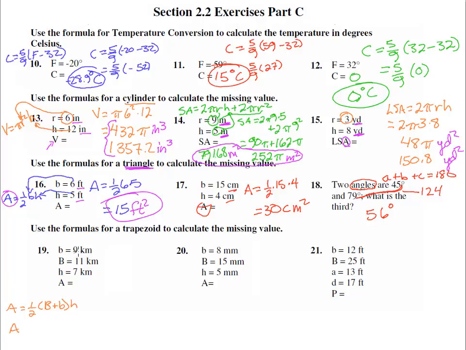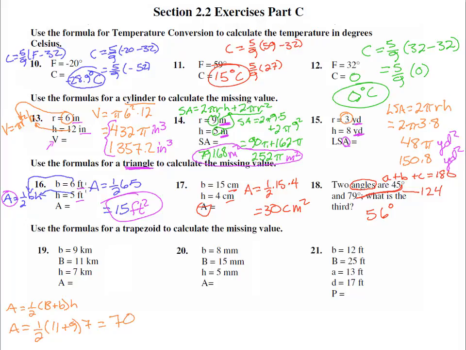If we take the little b as 9, the big B as 11, and the h is 7, we get 1/2 times 11 plus 9 times 7. So 11 plus 9 is 20. So 1/2 times 20 is 10 times 7 equals 70.